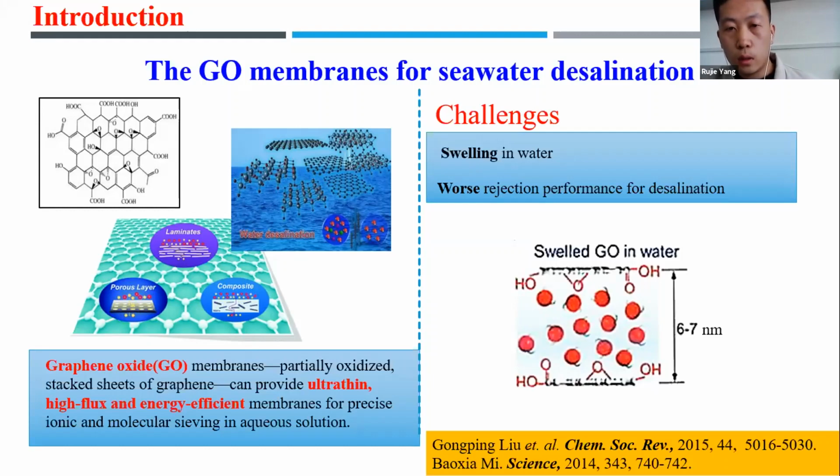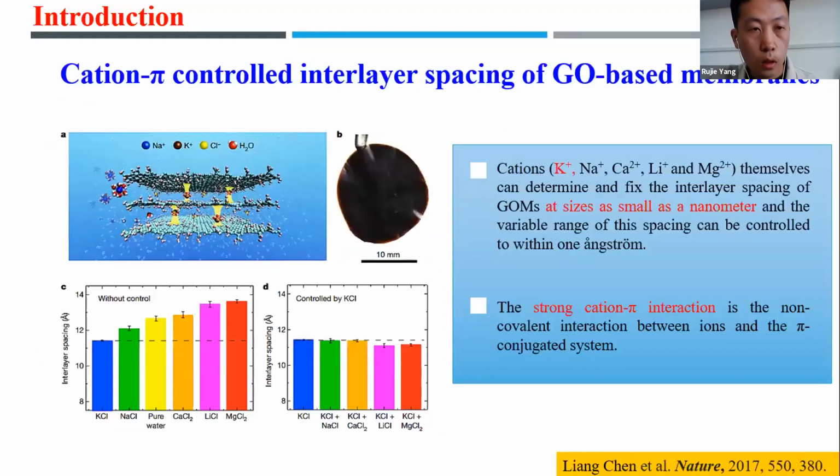However, the GO membranes suffer from the swelling effect in water, resulting in poor rejection performance for desalination. To solve this limit, some effective strategies have been developed.